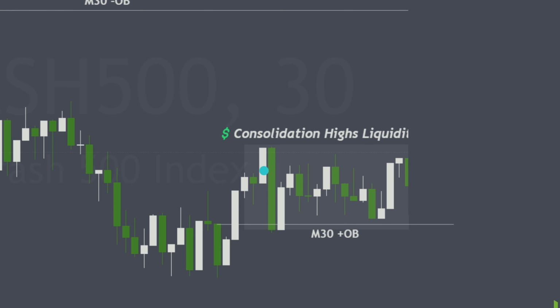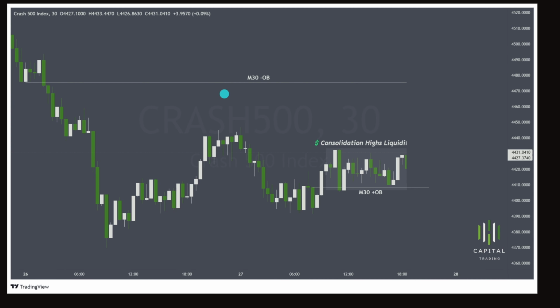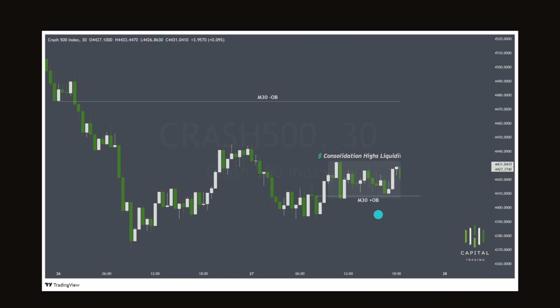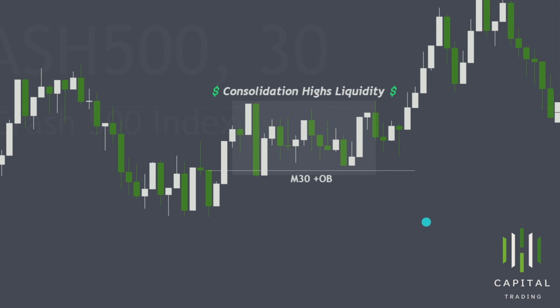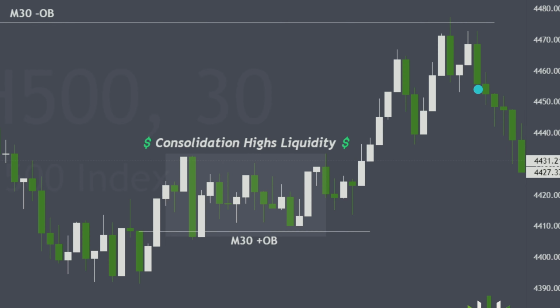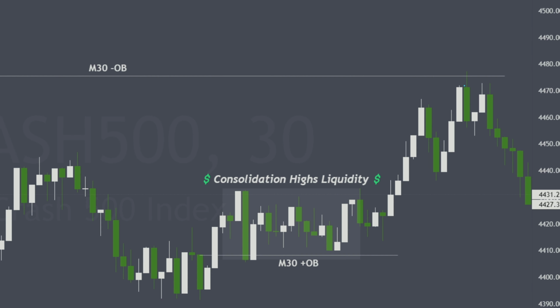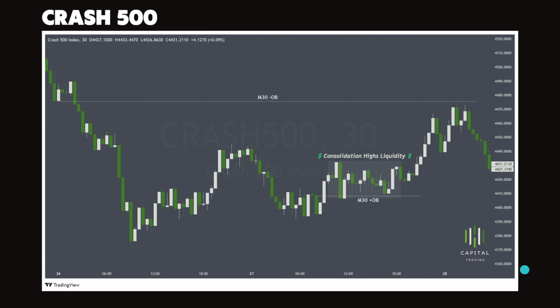Want to see if they're going to break this consolidation's highs and then reach into that bearish order block. That's what they did here. They eventually went down into this bullish order block and then pushed to the upside until they reached the 30 minutes bearish order block. So let's look at the second example.